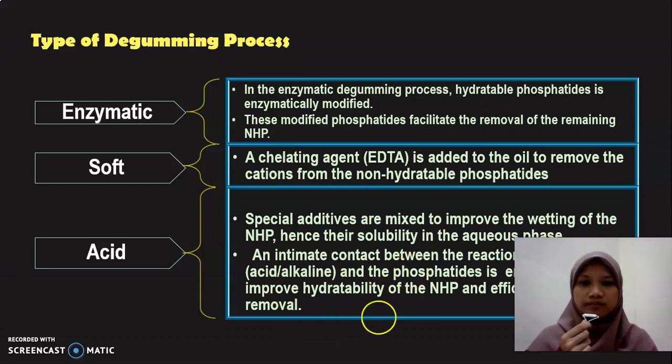And then the contact between the reaction product and the phosphatide is ensured to improve the hydratability of NHP and the efficiency of their removal. So it's more efficient to remove the NHP.